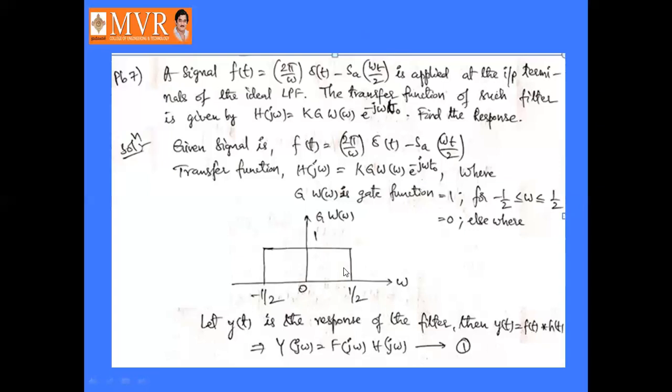Let y of t be the response of the filter. Then y of t equals the input f of t convolved with h of t, or Y of j omega is, in the frequency domain, a simple multiplication: F of j omega into H of j omega. Let it be considered as equation number 1.